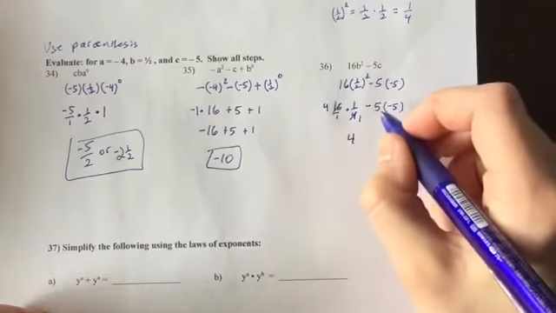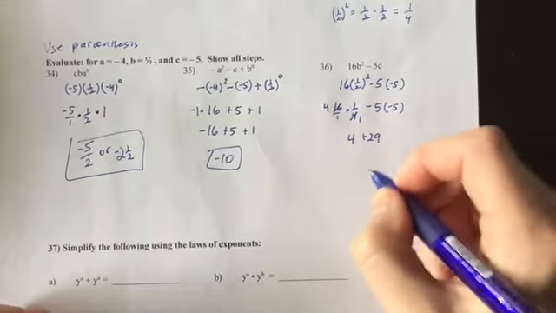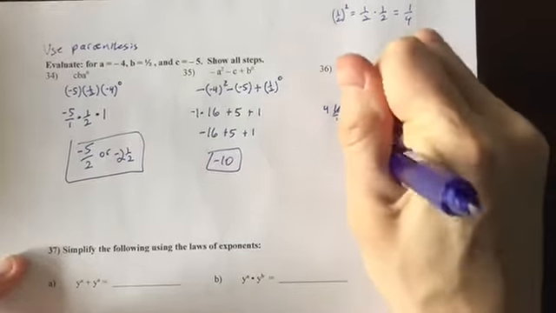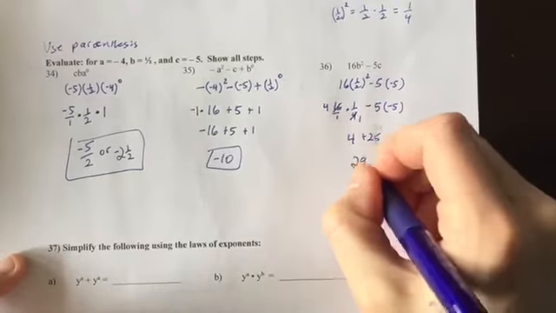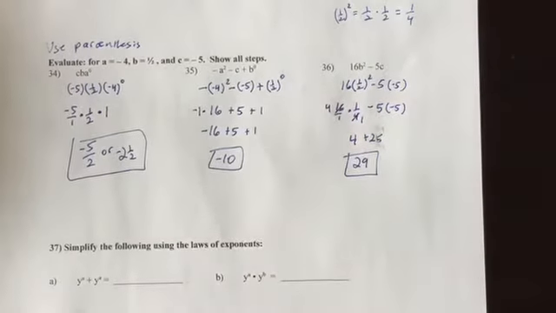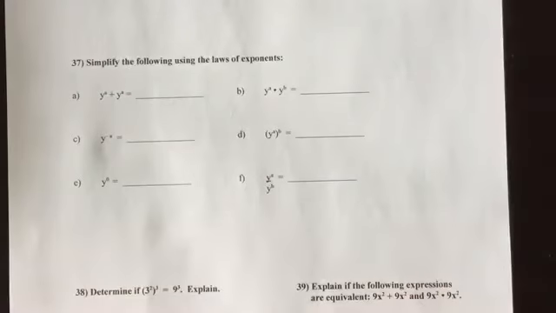So that's going to be 4. And then negative 5 times negative 5 is positive 25. So we add them together and we get 29, positive 29.